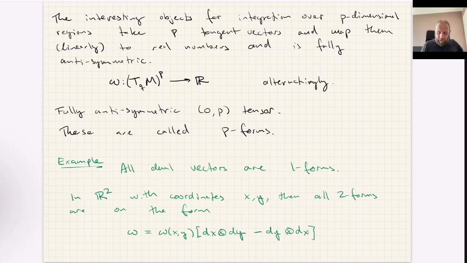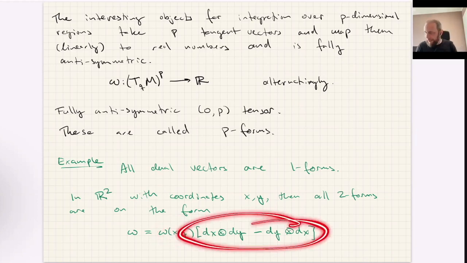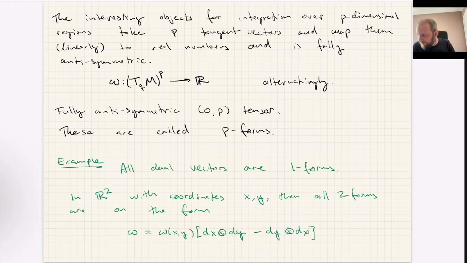You can't, for example, have any dx tensor dx term, because that's not going to lead to an alternating form. So this is just a scalar function, and then you have something like that. So indeed, the space of two-forms here on R2 is a one-dimensional vector space.